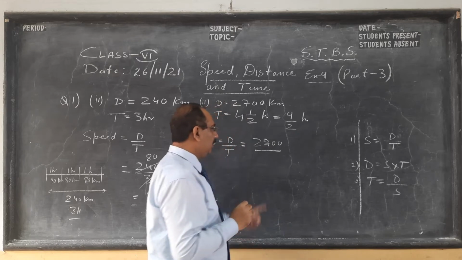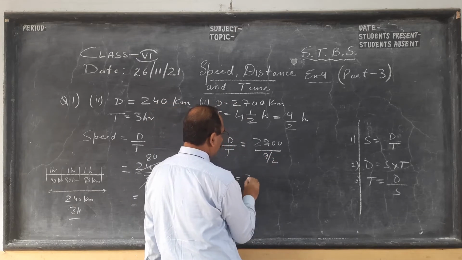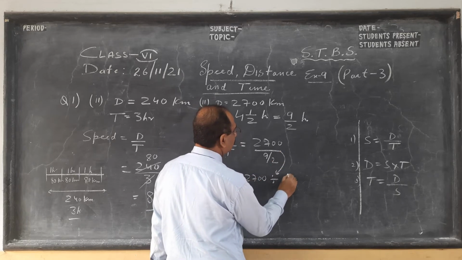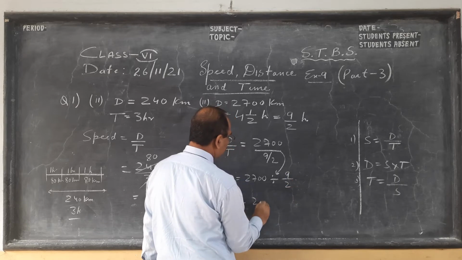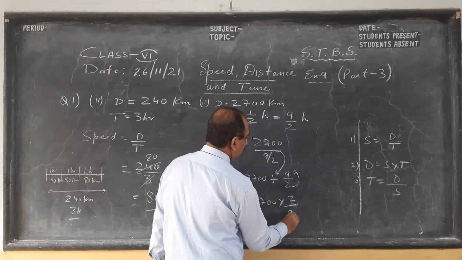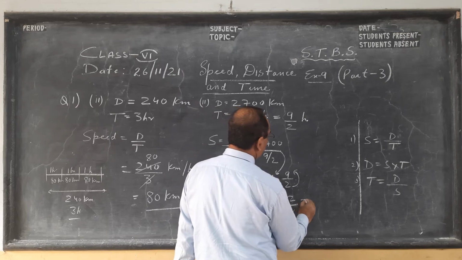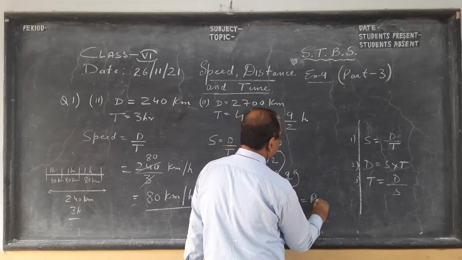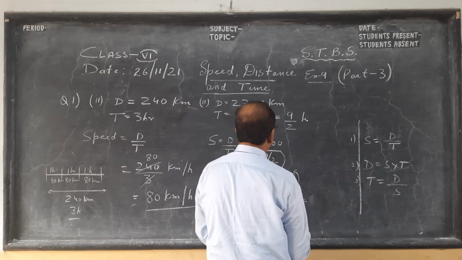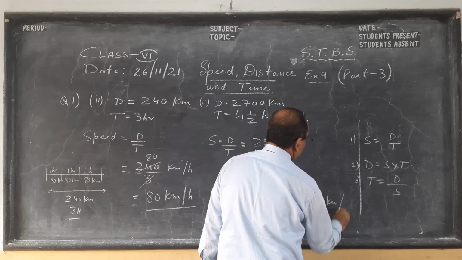Now here I was telling you, better use this division, write it like this, traditional division, and once division changes to multiplication, denominator goes up, numerator comes down. 9 3s are 27, so we get 600 kilometer per hour. Okay, speed is 600 kilometer per hour.